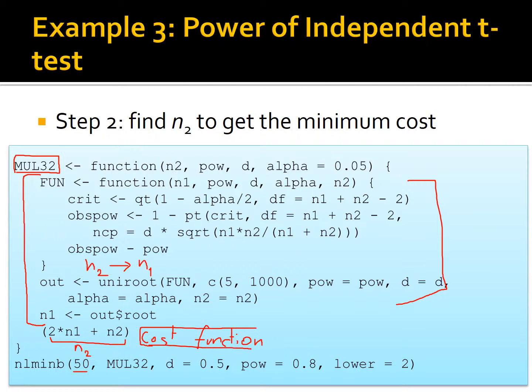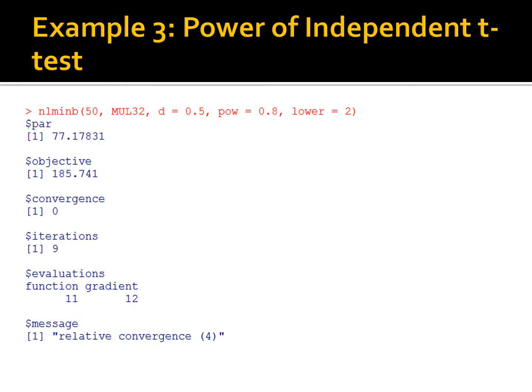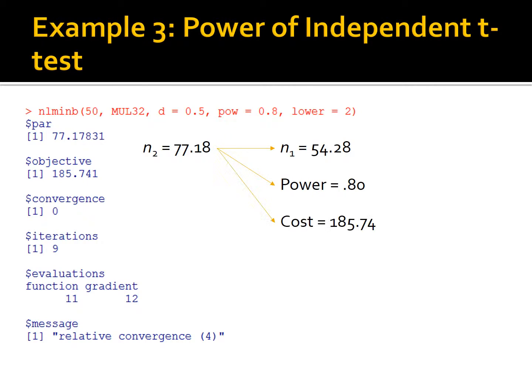I get the result, and then I change n2 successively until I get n2 equal to 77.18, which is the minimum. n1 is 54.28. I got the power of 0.8, and the cost would be 185.74, which comes from here.